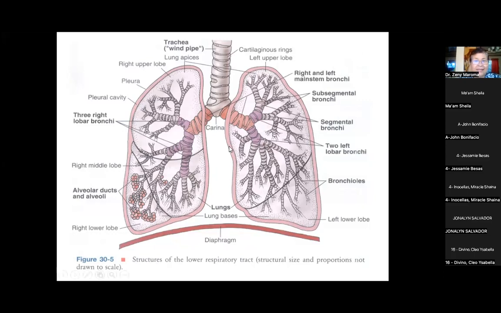This diaphragm is innervated by the phrenic nerve, which is supplied by C4, and it also gets innervation from C3 and C5. So the nerve supply is between the third and fifth of the cervical cord.